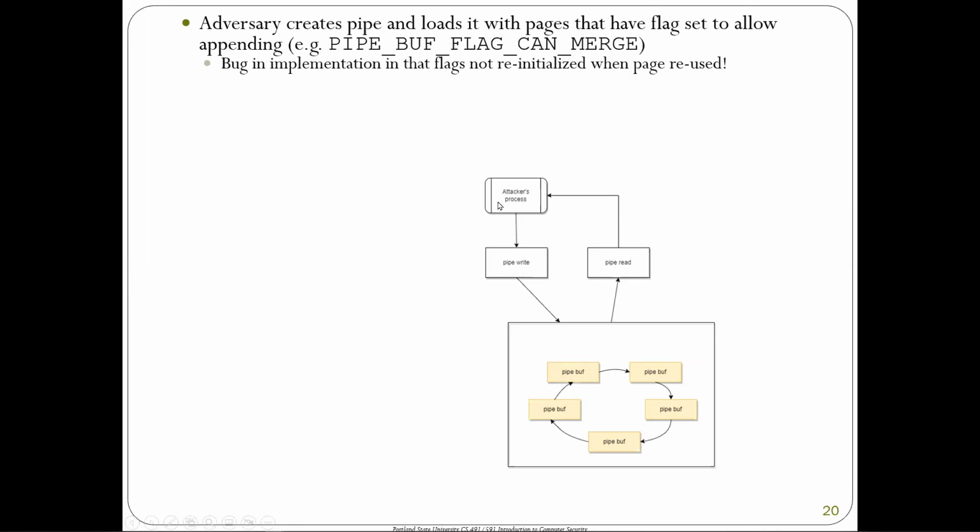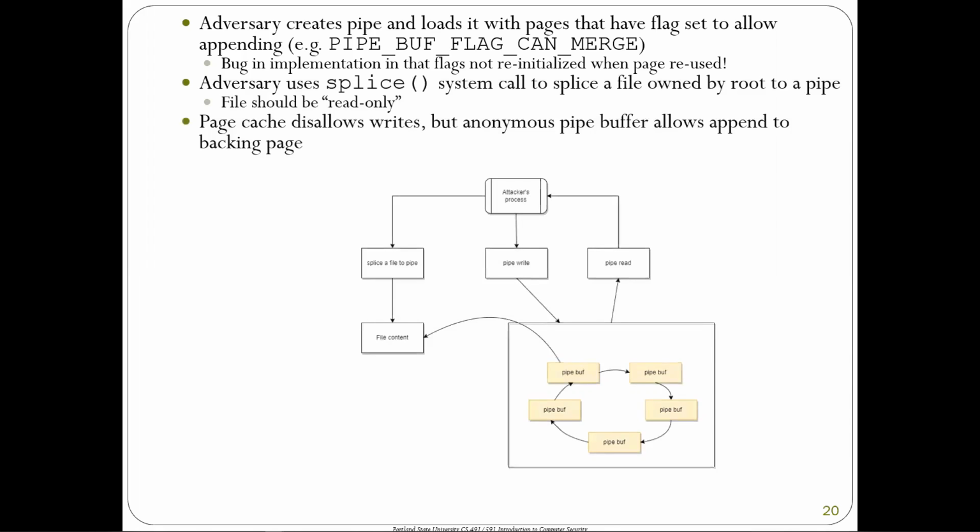So if the attacker creates a new pipe and these flags are set in the original pipe buffer, they don't get reset. So that was the implementation bug. They didn't go and clear the append flag from any of these pipe buffer structures after the fact.